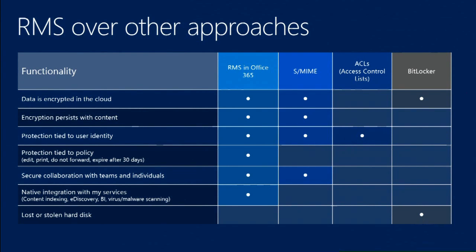This is how we think that we can protect your data. The last one, a lost or stolen hard disk, is protected by BitLocker. If you have BitLocker on your machine, and we have BitLocker in the data centers for Exchange content, we protect all content encrypted at the bit level.